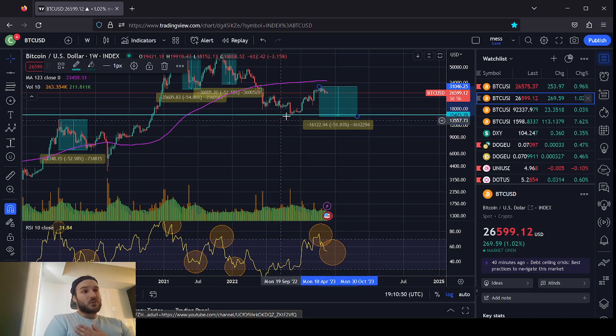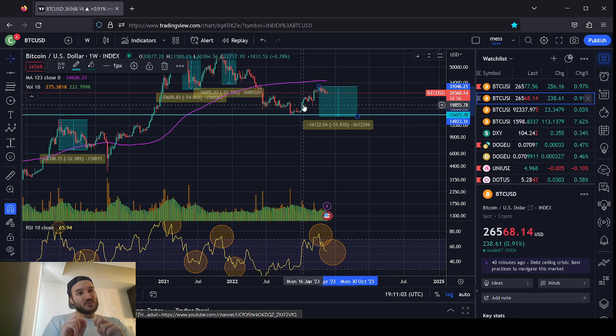Do you think with the weakest gains by almost 100% of a difference, 50% less in growth percentages, with the smallest pump off of a cycle low that we've seen, that we're not going to have a strong dump afterwards?